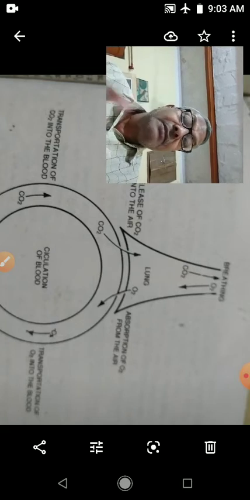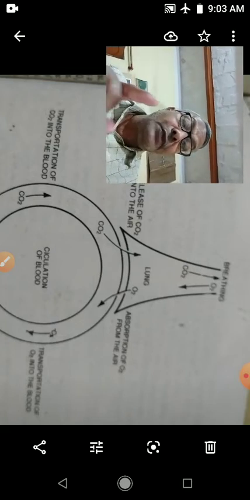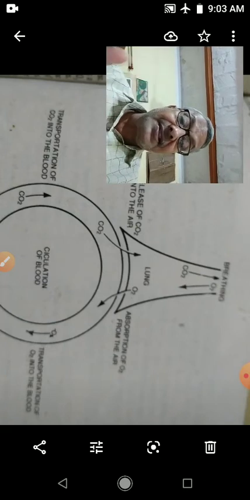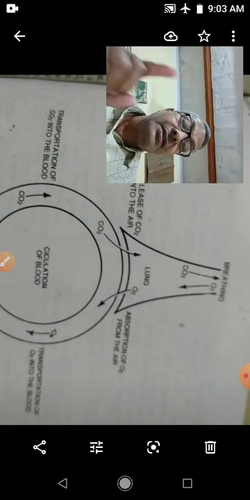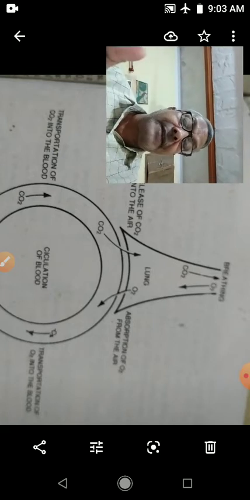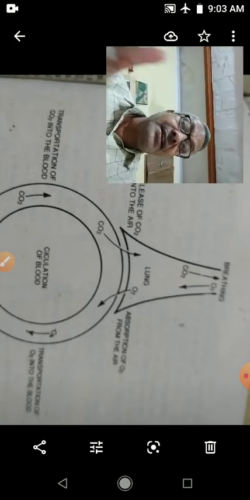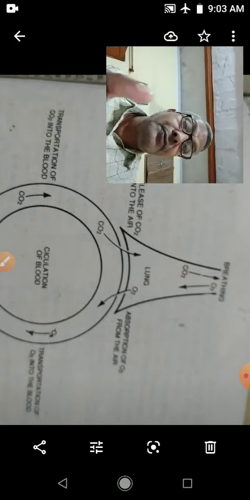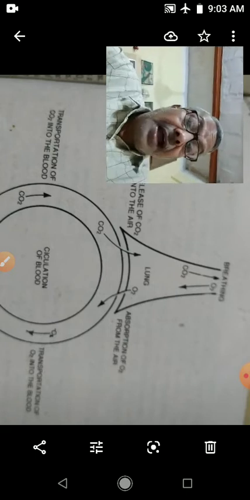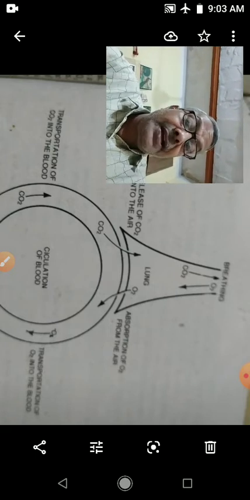Due to difference in the partial pressure means in the alveolar air oxygen is at high partial pressure. In the alveolar blood capillary oxygen is at low partial pressure. Therefore oxygen diffuses from the alveolar air into the blood capillaries, and there oxygen will come into the blood.